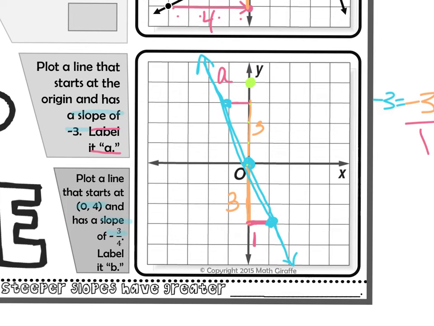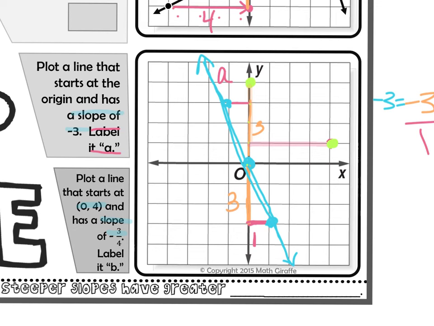Okay, so from this point I'm going to go down 1, 2, 3, because that's my rise, and I'm going to run 1, 2, 3, 4. And notice how I went down into the right, because I have a negative slope.